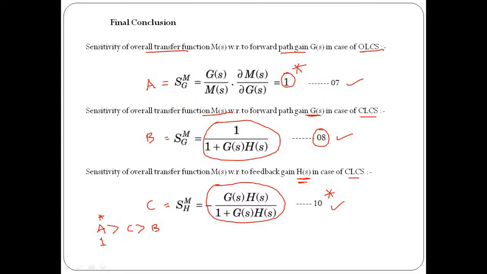But open loop control systems are highly sensitive because the sensitivity factor in them is 1. But in case of closed loop, we need to take care whether we are going to vary forward path gain or feedback path gain. But the effect of feedback path gain on the output of the system will be greater, because they are highly sensitive due to change in feedback path gain as compared to forward path gain.